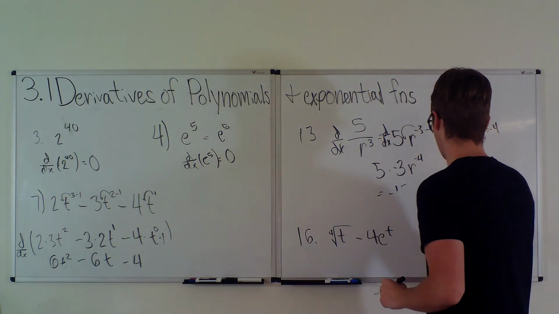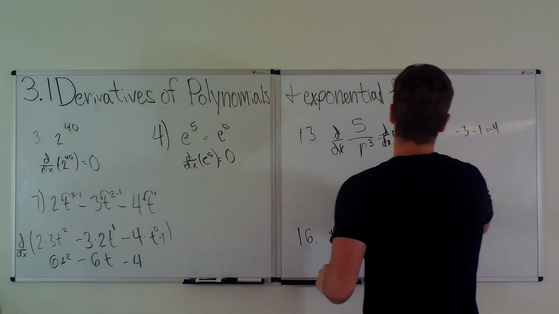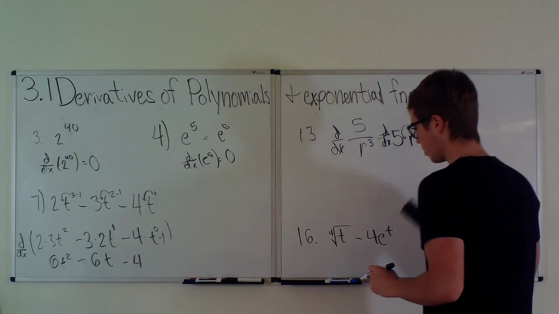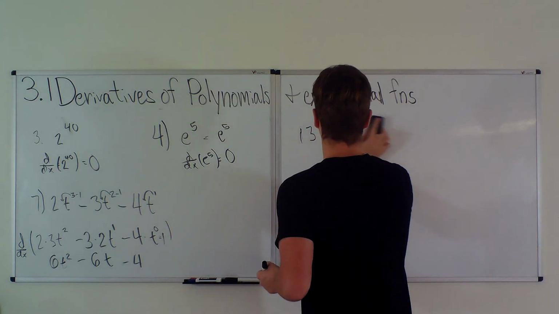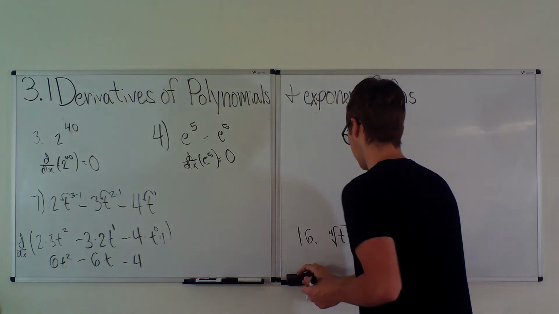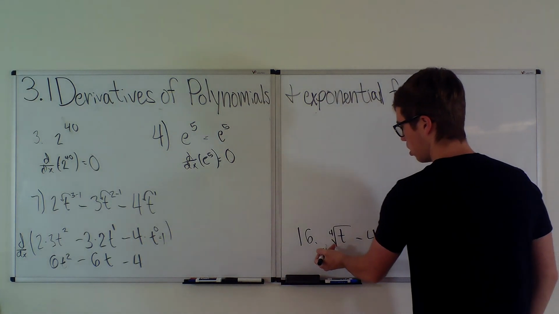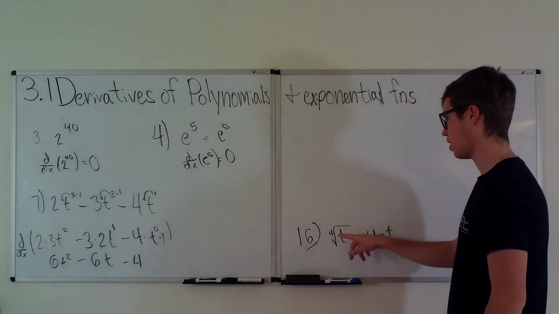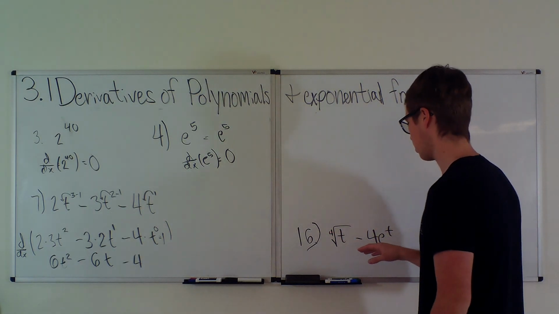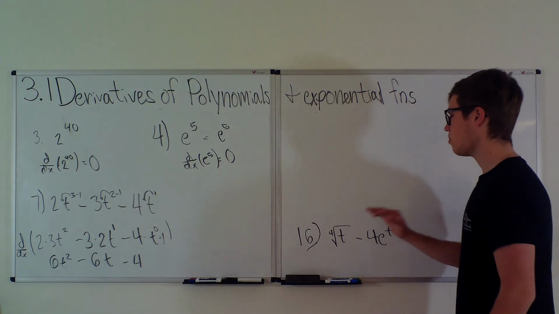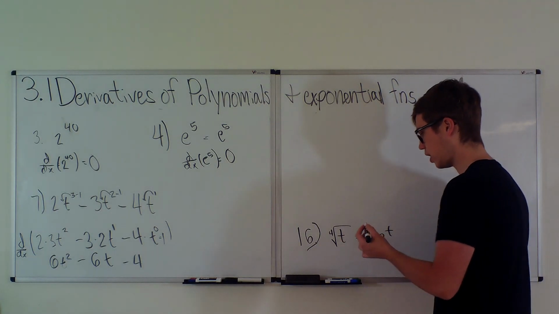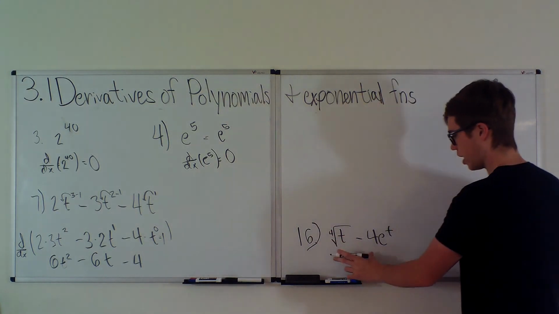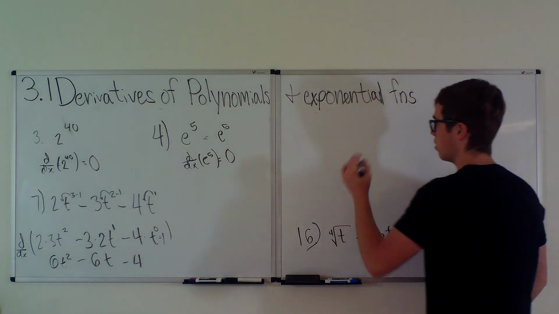Alright, so now on to 16. This one, again, looks tricky, but it's not. I'm just erasing 13 because I need more space. Well, that's not totally a power. There's a 4 here, but I don't necessarily see any powers. Well, it's the 4th root, but again, just look at it. What is this saying?